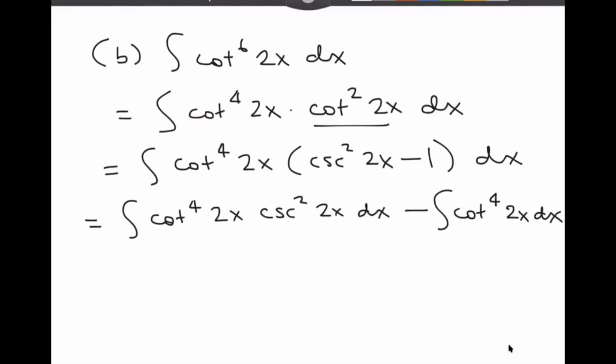Okay, that first integral is going to be a very easy substitution. So we'll save that till the end. And this one is an example of what I was calling reduction before. We took the integral of cotangent to the 6th, and now we've got it down to the integral of cotangent to the 4th, which should be a little easier. So this will now be the red integral.